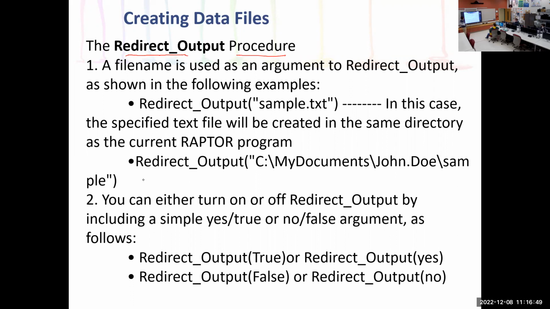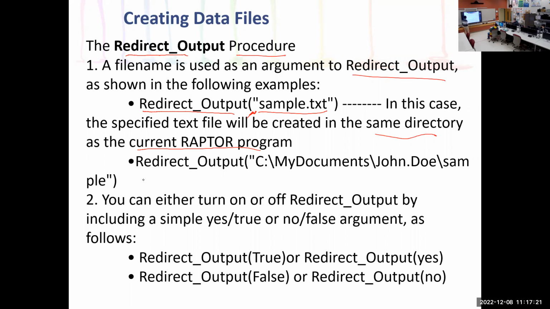Right? You want to store it in the file here. So basically, the file name is used as the argument to the redirect output here, as shown in the example. So you have the redirect output, that is a file you want to generate and you want to store data into the file here. And by default, if you do not specify the directory, the file will be stored in the same directory as the current Raptor program.